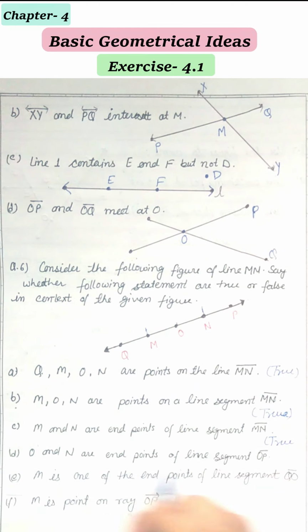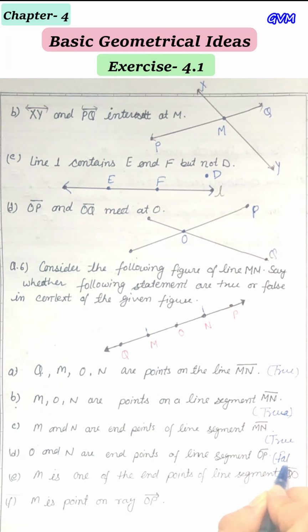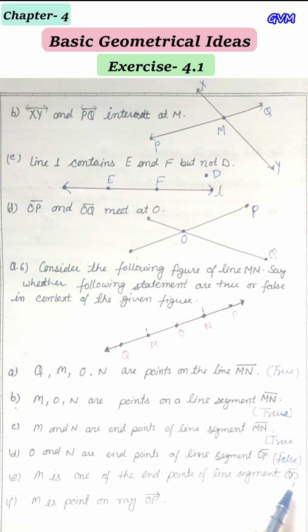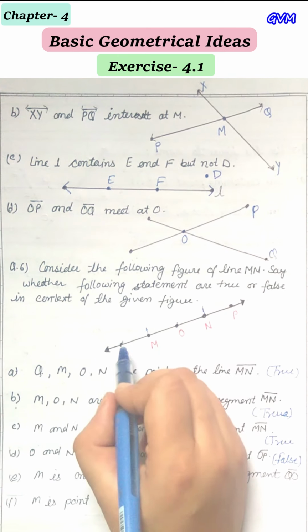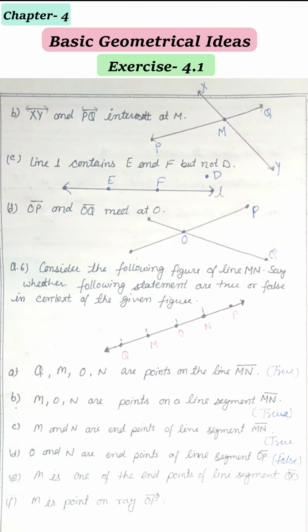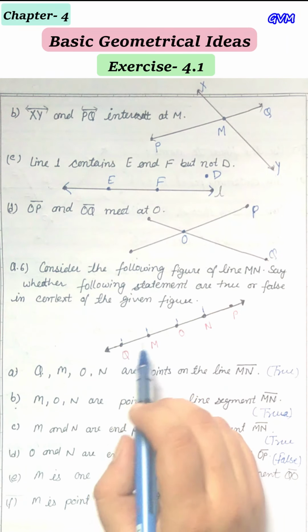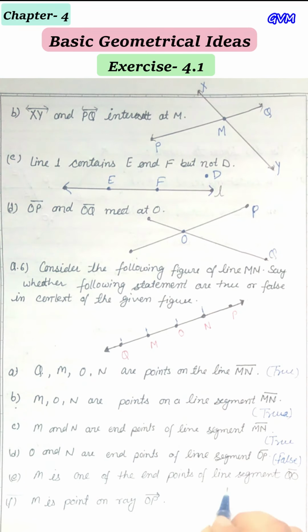That means this statement is false. E part, we have M is one of the endpoints of line segment QO. Line segment Q and O. Is M an endpoint? No, it is between O and Q. So this is also false.